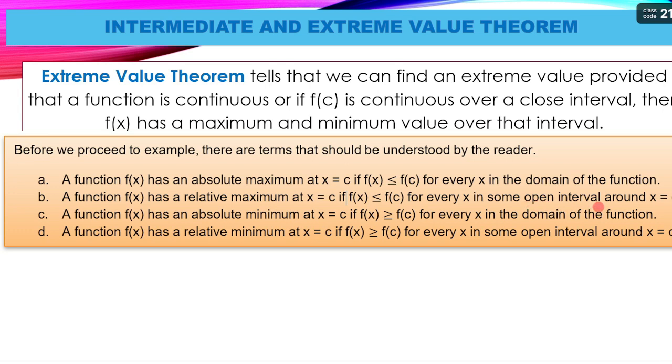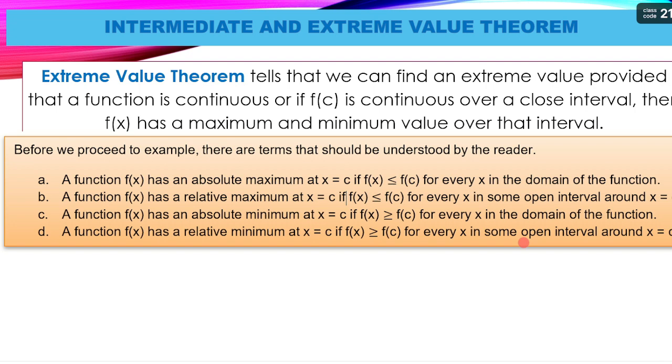Next, the function has an absolute minimum at x is equal to c if the function is greater than or equal to f of c for every x in the domain of the function. So that's for all x. And it has a relative minimum if f of x is greater than or equal to f of c for every x in some open interval around x equals c.